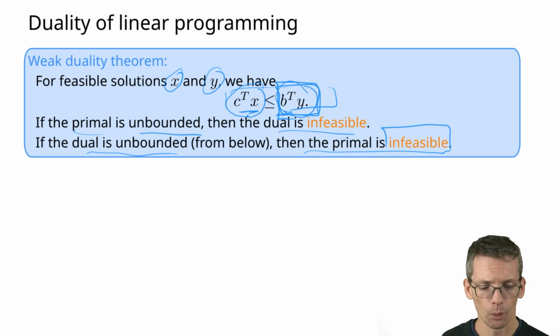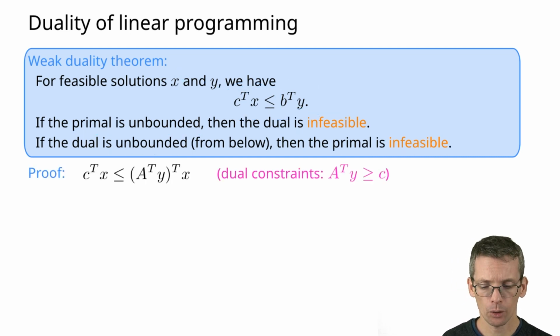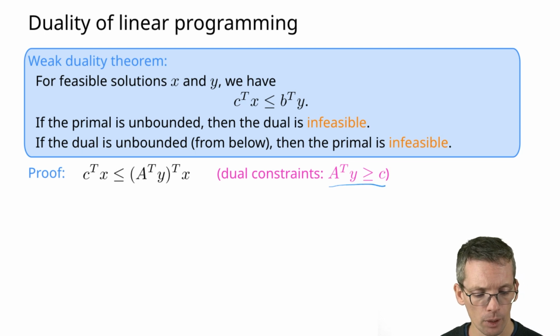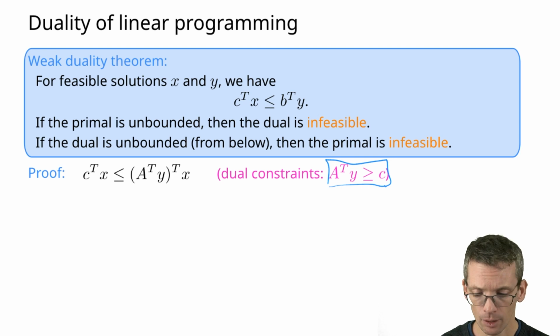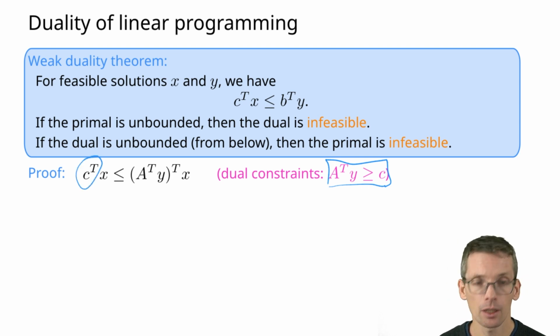So let's prove this inequality. So we have c transposed x, we want to bound it by b transposed y. So we will first use the dual constraint. So in the dual linear program we have this constraint: A transposed y should be larger or equal c. So I can take that here, c transposed.